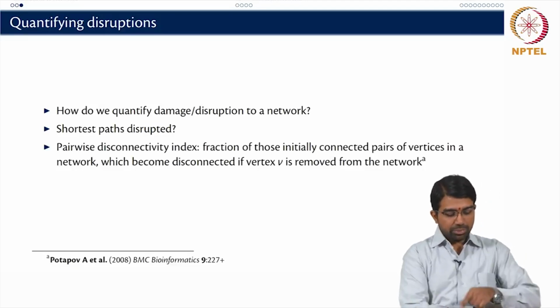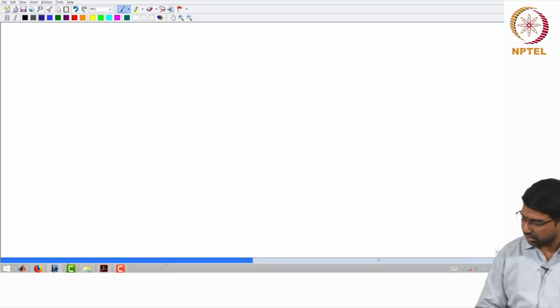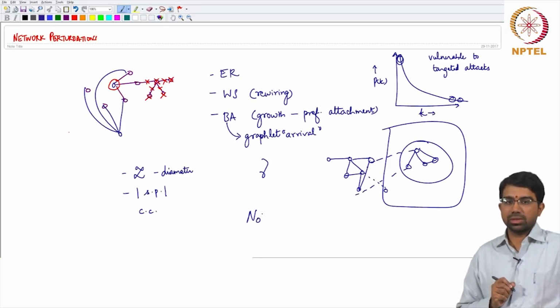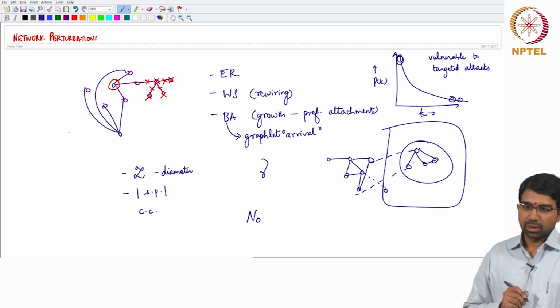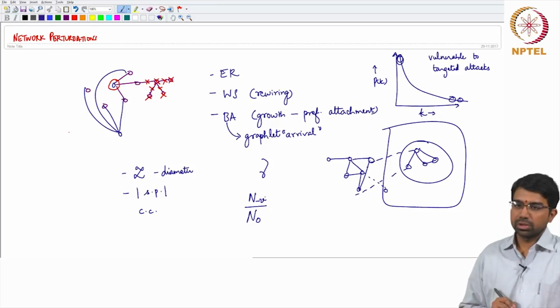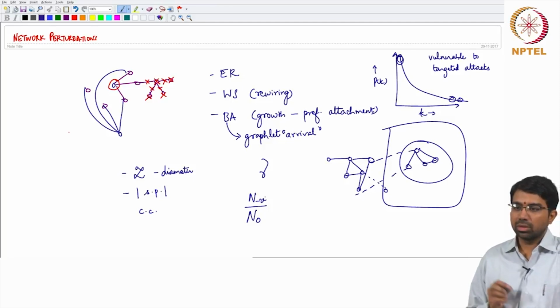There was another method that was proposed called the pairwise disconnectivity index. This is basically nothing but, let us say this is the number of initial shortest paths in the network, n0, and you now remove the node V. Now how many shortest paths remain in the network?